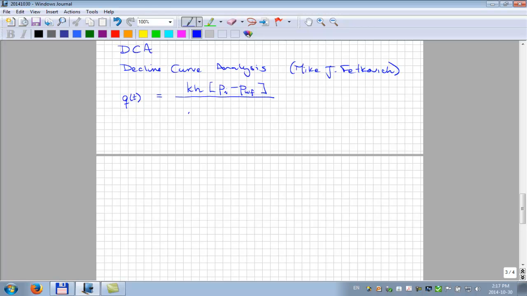And we've got the same thing, mu B, and we've got log RE over RW, and we're going to give the same physical analogy that I talked about, throwing the stone in the pond, the ripple increasing in size, the drainage volume increasing in time. And it is exactly the same RE time function that you can use here.